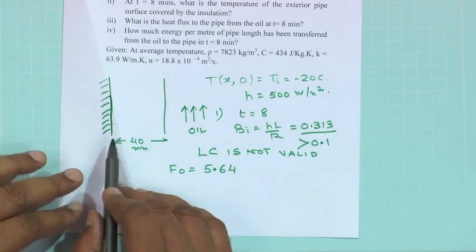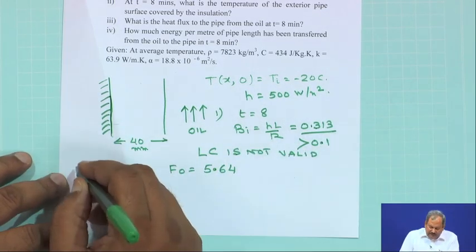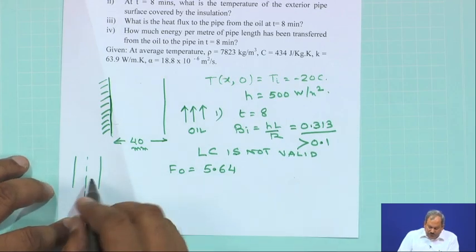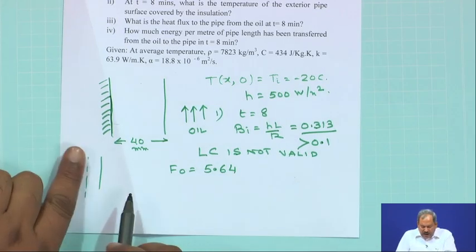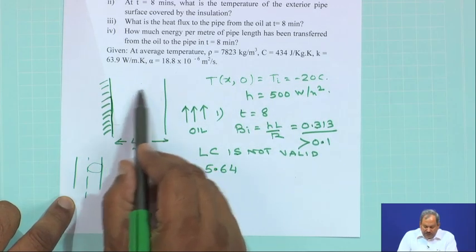So, the outside of the pipe wall is nothing but the centerline temperature of the Heisler chart. We are only looking at half of this, only this part over here.